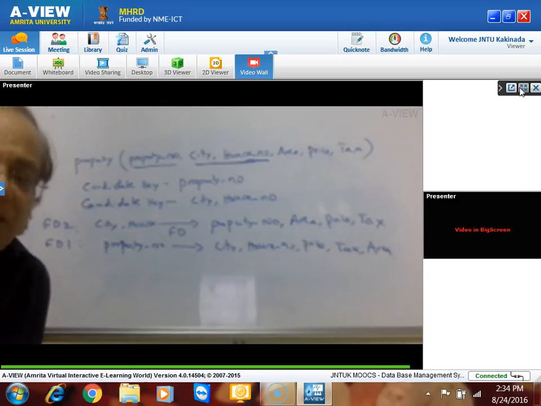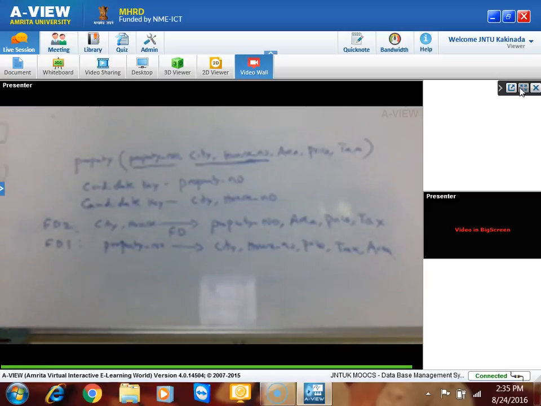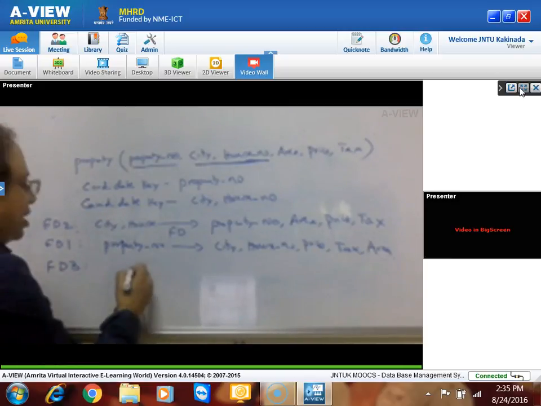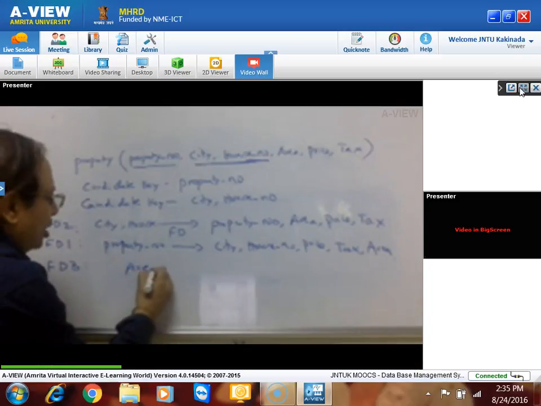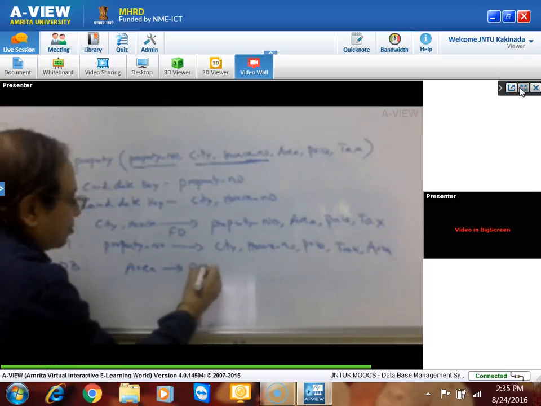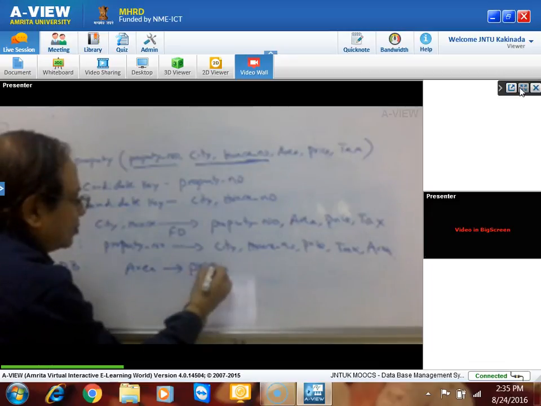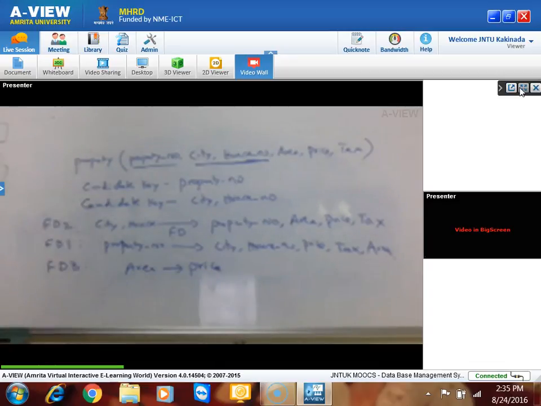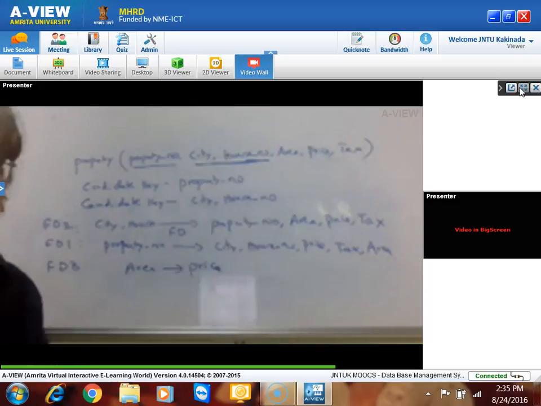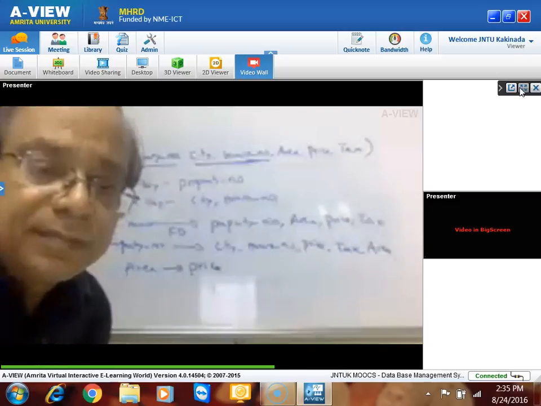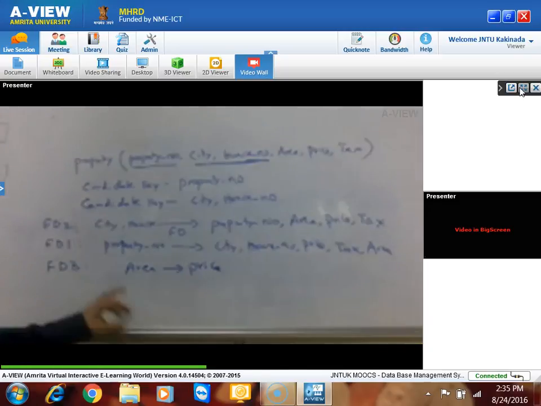Whether it is Chennai, Delhi, Mumbai, or Calcutta, the price is based on the area, which means that now we have another functional dependency, which says that area functionally determines the price.